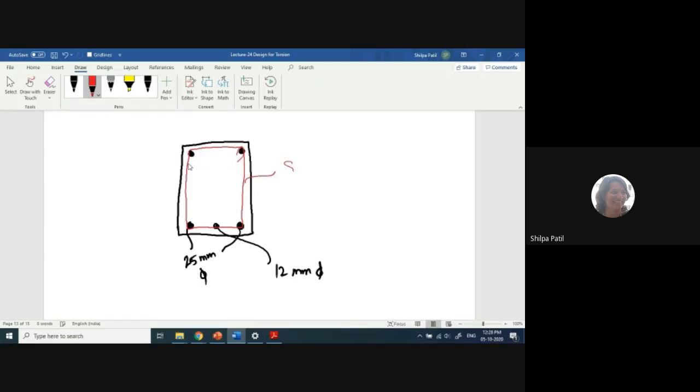Okay, so this is 8 mm two-leg, and along with that we have to provide the side face reinforcement. No color available here. Okay, so I will simply draw that in red color itself, the side face reinforcement here. Okay, so these are 10 mm diameter.